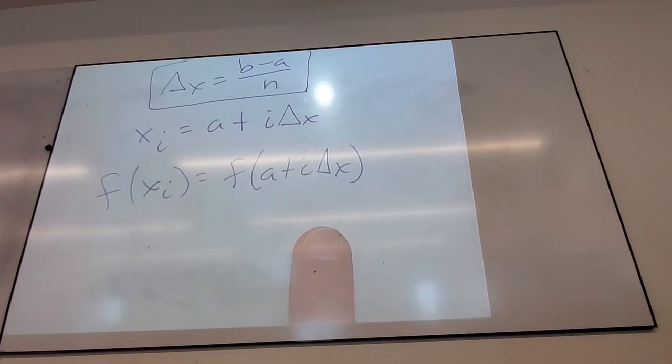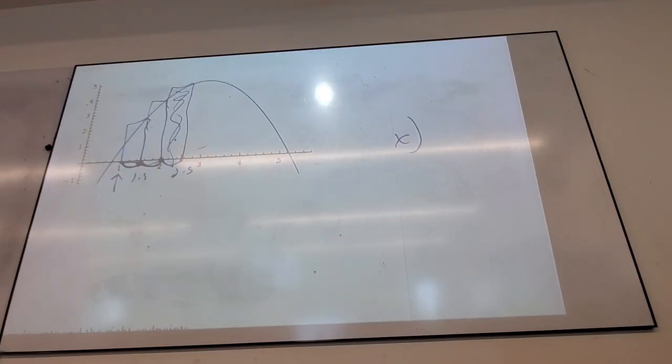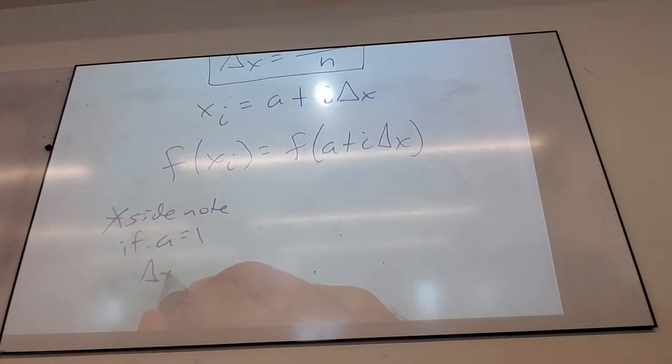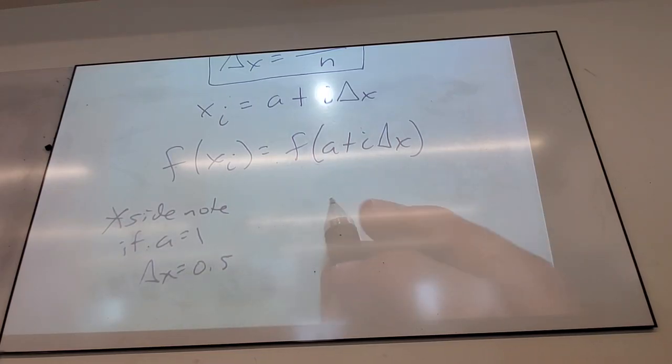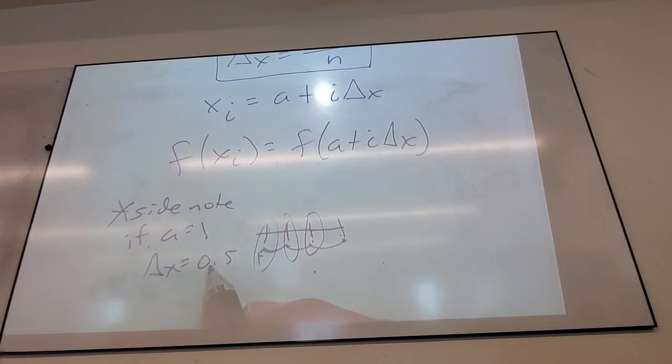So let me give you a little concrete side note. If A is 1 like it was on this problem, and delta x is 0.5 like it was on that problem, how do I get to, so I start at 1, if I want to get to the third thing after 1, first, second, third, I'm going to do 1 plus 2 steps.